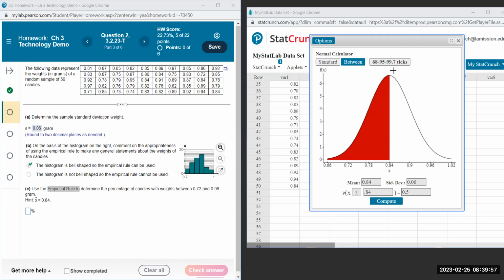By the time you go to the third deviation, you've captured almost 100% of the data. So we need to see, using these 3 numbers, what theory says we should capture in terms of these weights.